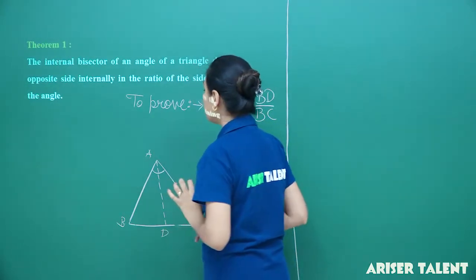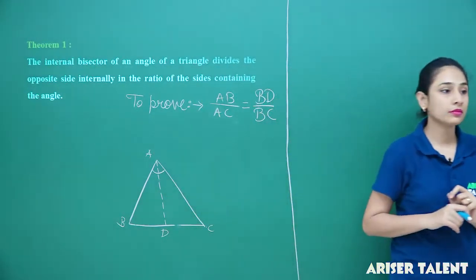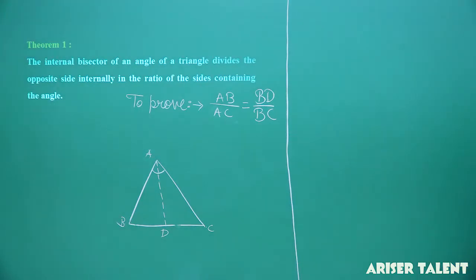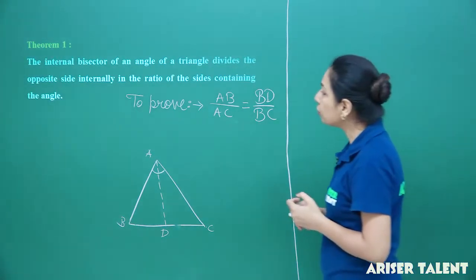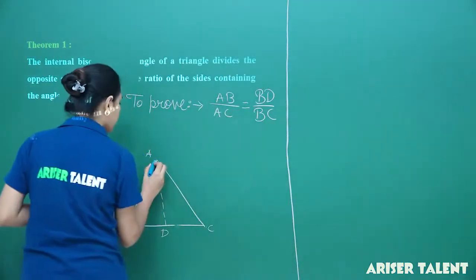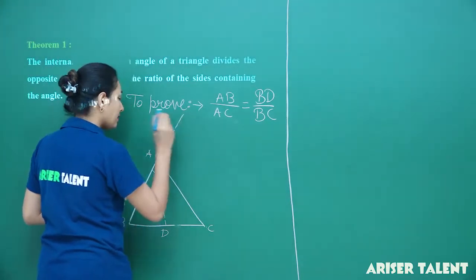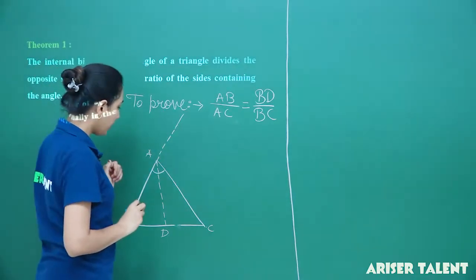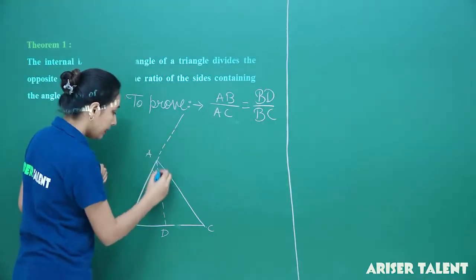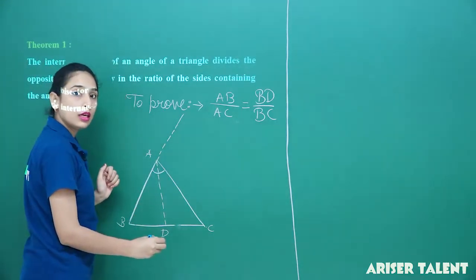So, first make this. Now, what you have to do is extend this. This is your line AD.